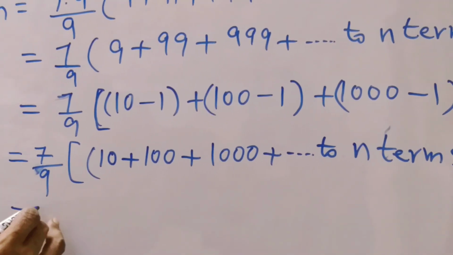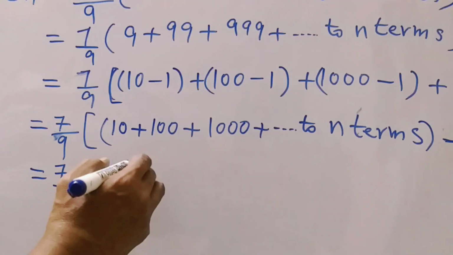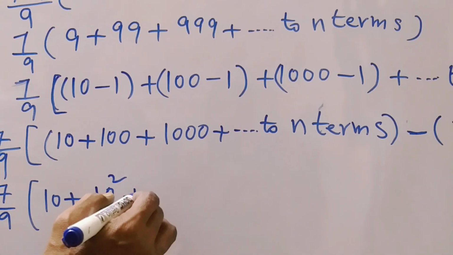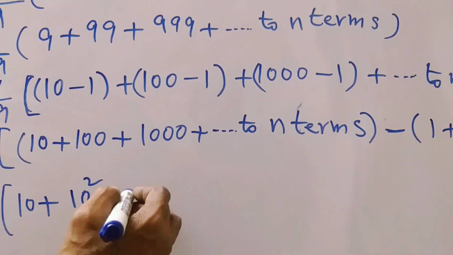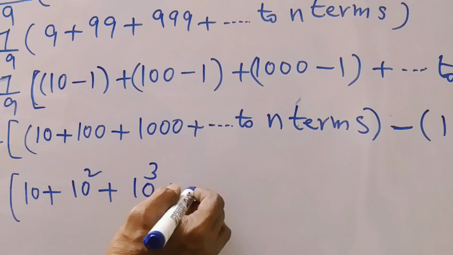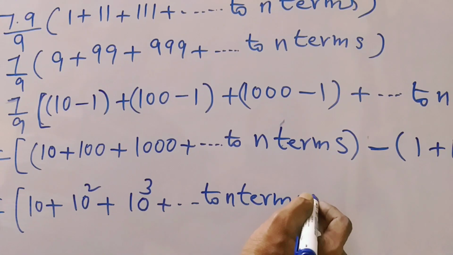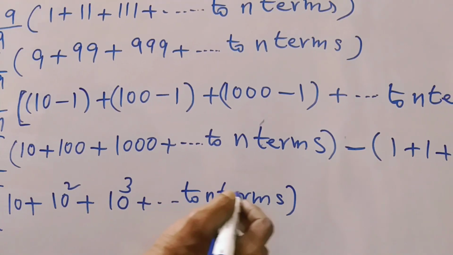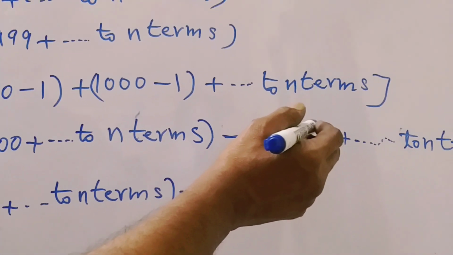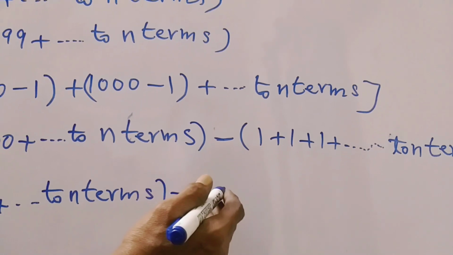So here, 7 by 9 of 10 plus 100, which becomes 10 square, 10 into 10 is 100. Then plus 1000, which means 10 cube, plus and so on up to n terms, minus of 1 plus 1 plus 1 and so on up to n terms. 1 plus 1 plus 1 up to n terms is already known by us, that is n.